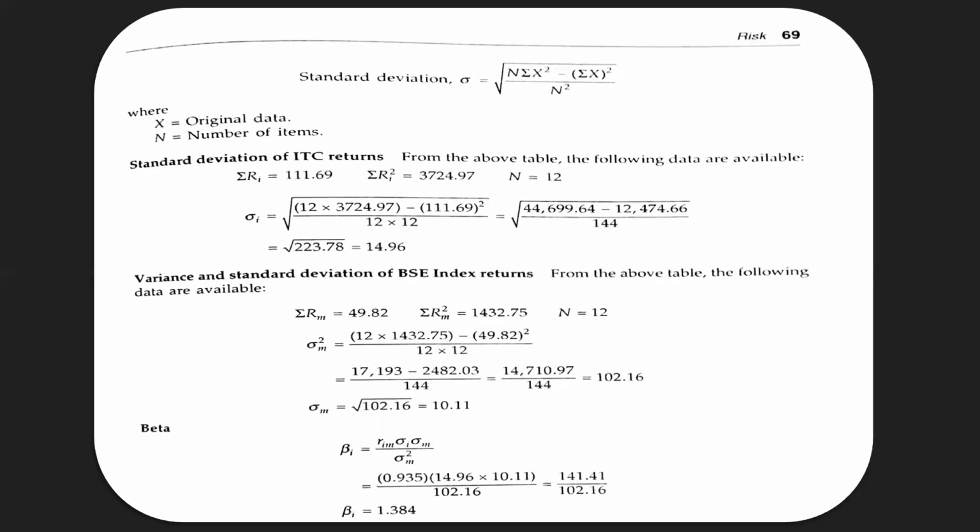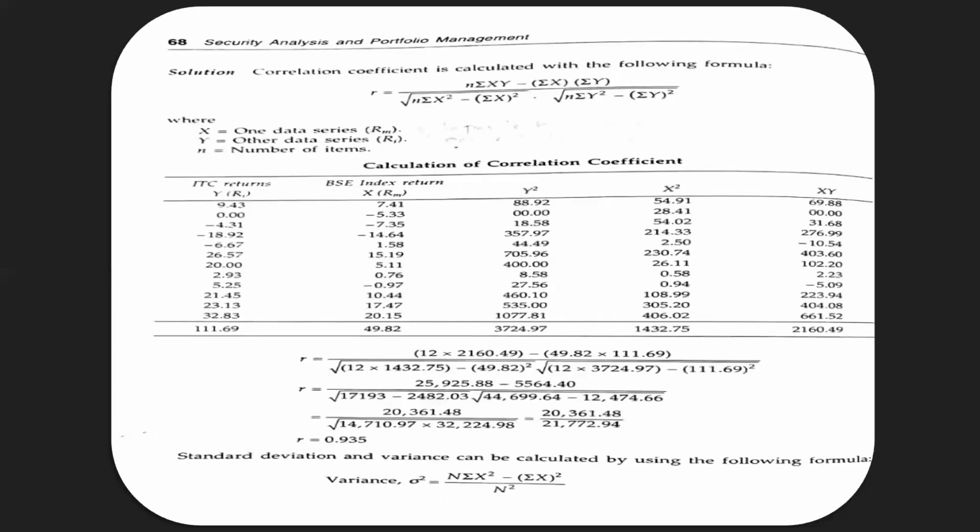For that, we have to apply the formula. So the standard deviation of the individual index or ITC returns is n. N is the number of items in the question, which is 12, into sigma x square as already calculated in the question. Sigma x square for ITC is 3724.97.